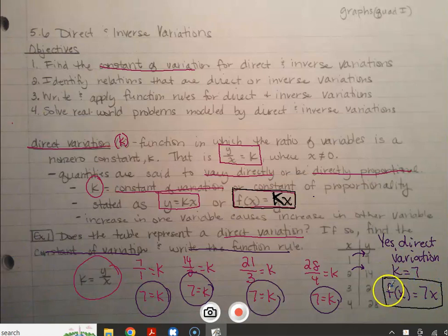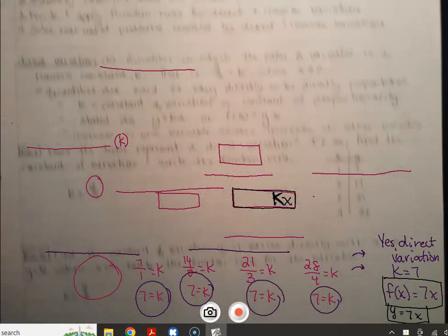To write our function rule, we took f of x equals the k value times x. You could have written it the other way as well and had y equals 7x. Both of those are correct function rules. It's just, do we use function notation or the y equals notation? All right, let's keep going.